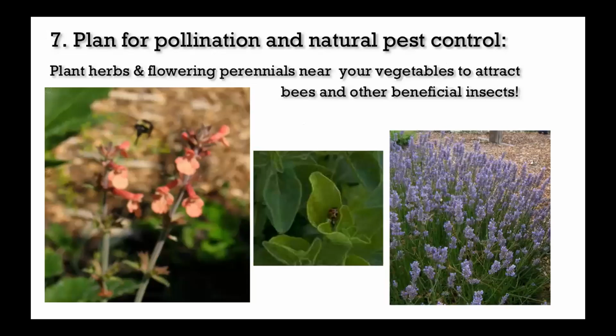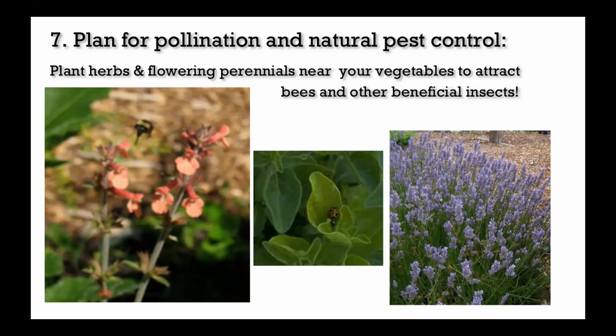Make sure to plan for pollination. This is another great reason to have native plants around, and other perennials and herbs that attract bees and other pollinators, so that your tomatoes and your squash and your peppers get pollinated. That's a frequent complaint of folks that say, hey, my plants are blooming, but I'm not getting any fruit.